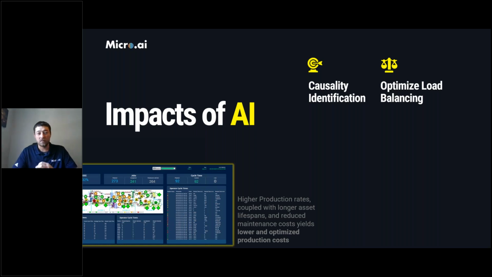And this is going to lead to better overall machine and operator utilization. So managing to optimize the load balancing is going to be able to tell you which asset needs an operator at it a bit more, which one may not be needing it quite as much. Another impact of the AI is going to be the worker empowerment, right? Knowledge is power.